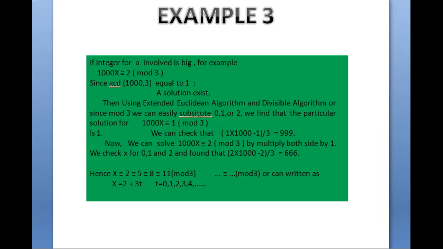So x can be congruent to 2, 5, 8, and 11 mod 3, or can be written as x equals 2 plus 3t, t equal to 0, 1, 2, 3, 4, and so on.